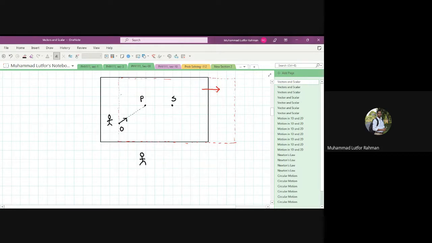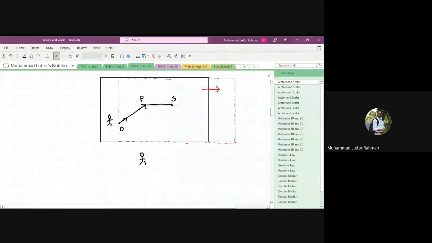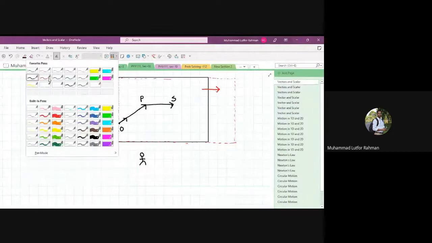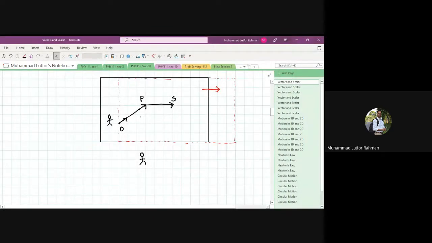So your total displacement, I can say you start from this point, and I can say your resultant displacement would be this, from O to S, right? It means I can write that OS would be basically OP plus PS.